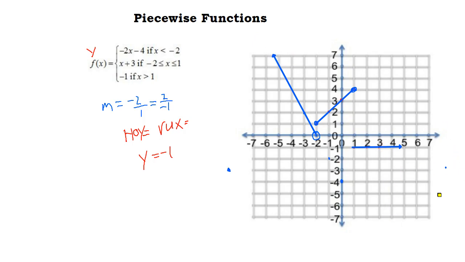One last thing is we have to make sure that for negative 1, y is negative 1 only where x is greater than 1, not when x is 1. So we'll put a big open dot right there. And this is the graph of the piecewise function f of x that's defined right here.